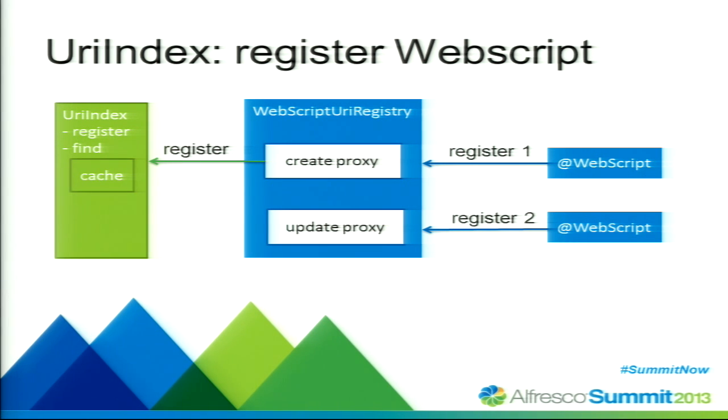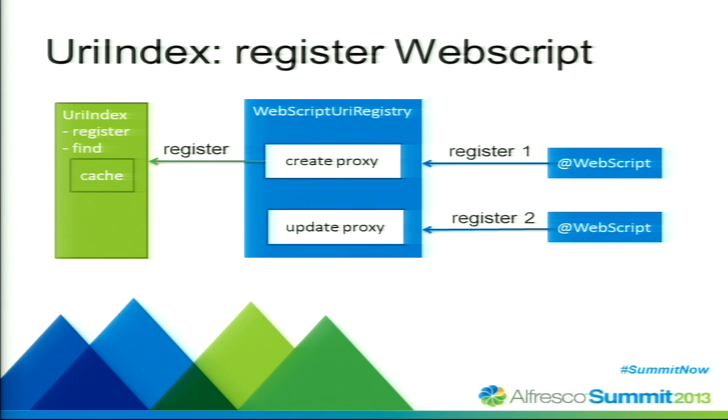One caveat, the Uriindex has an internal cache, and this cache also caches void responses. So this can be troublesome when, for instance, you have not yet installed an extension that you know responds at the URL /a, and then you try to open that URL in your browser. What will happen is the Uriindex will look for a web script, find nothing because our web script has not yet been installed, and in its cache it will put, okay, /a, there is no web script that's available to handle that.